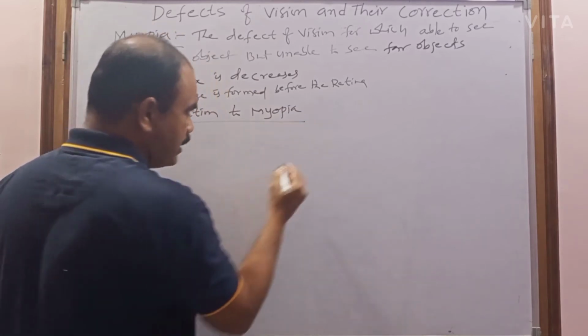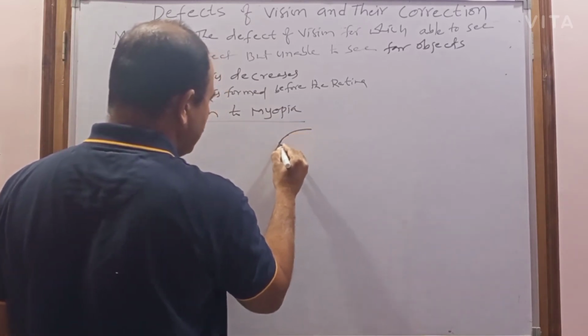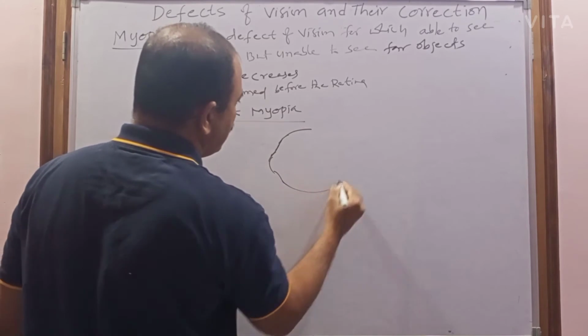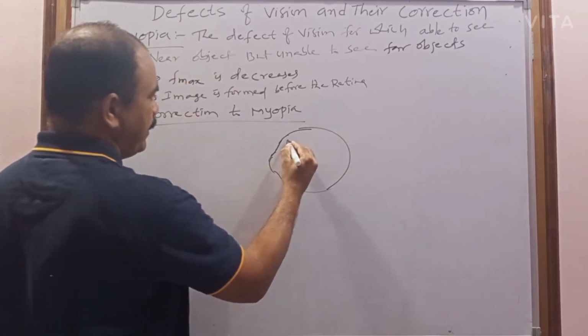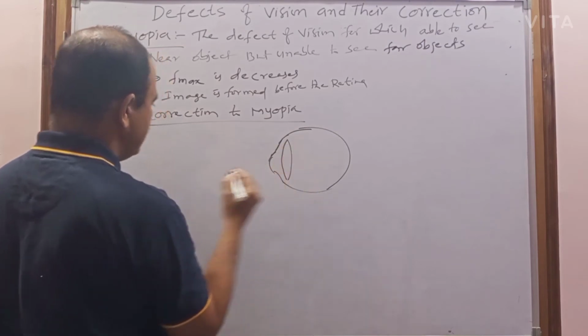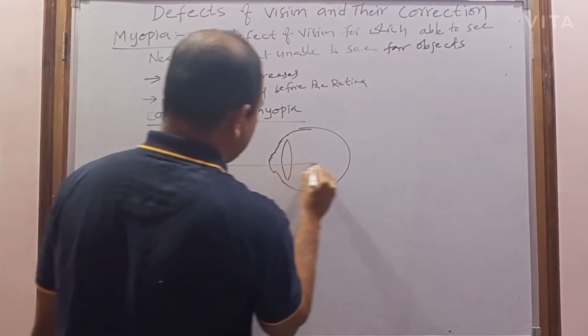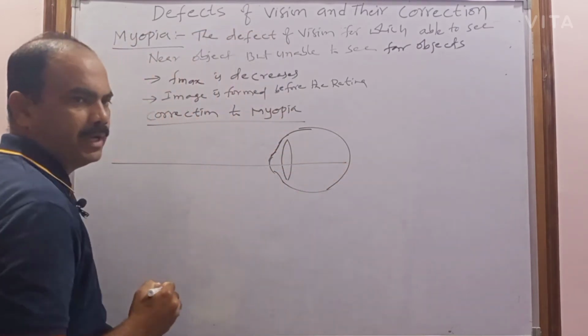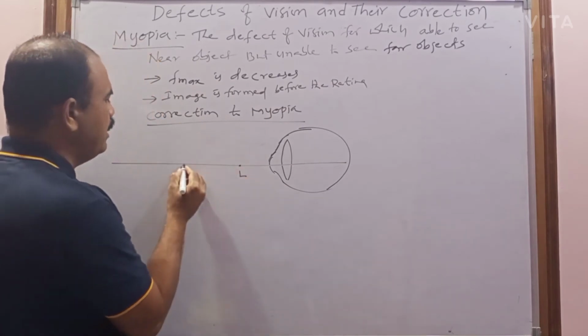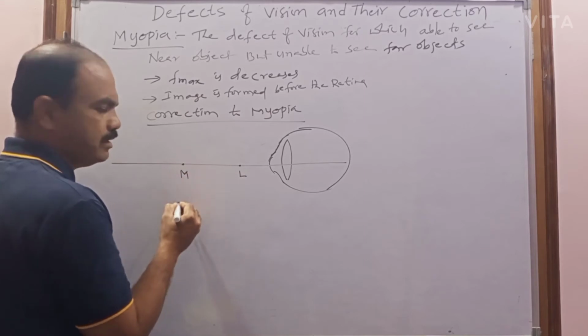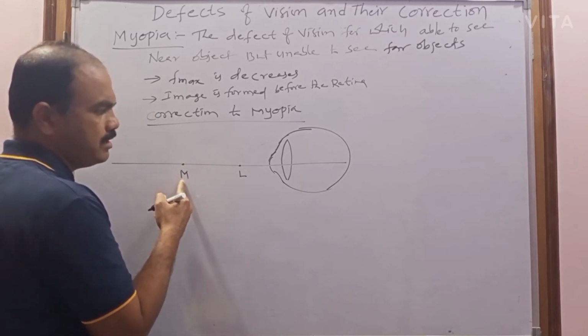So generally now consider, this is the eye of a person who is suffering with myopia, and this is considered the eye lens. Now consider this is the principal axis. Now this is the point of least distance of distinct vision, and this is the far point of a person who is suffering with myopia.